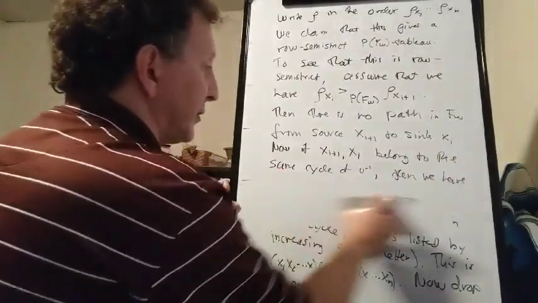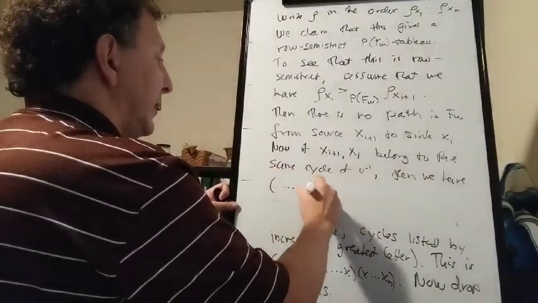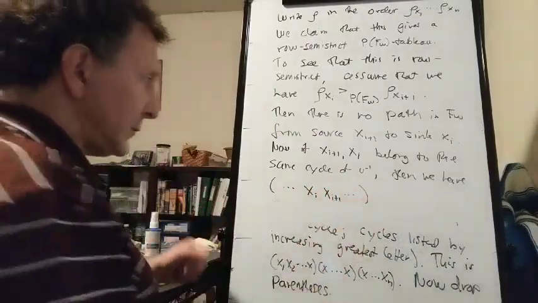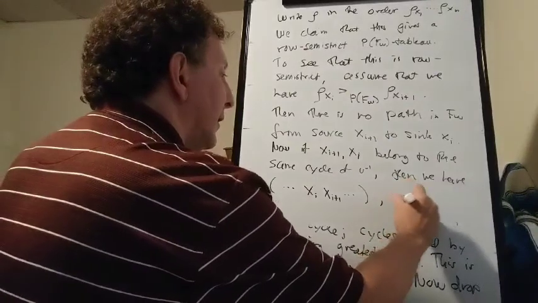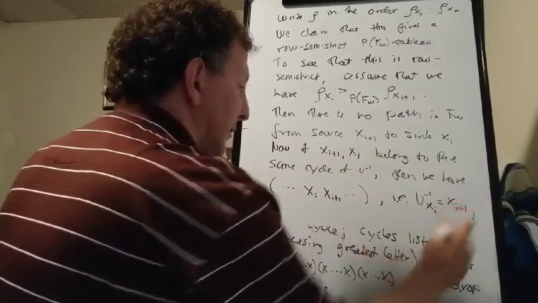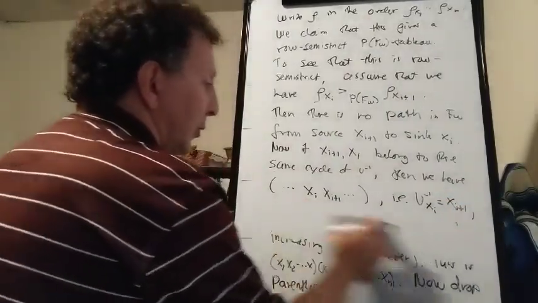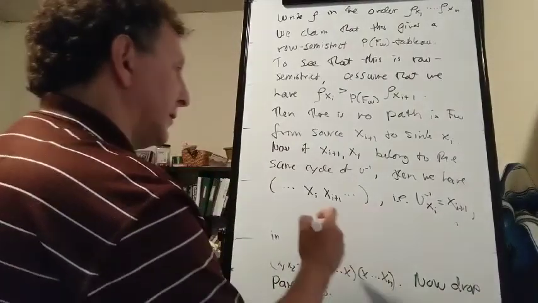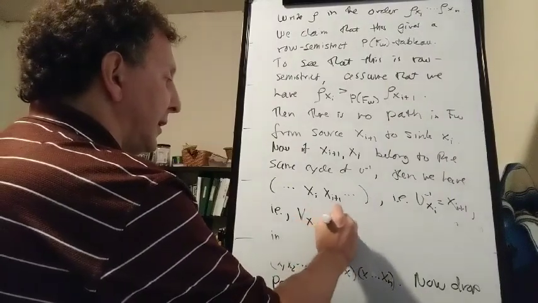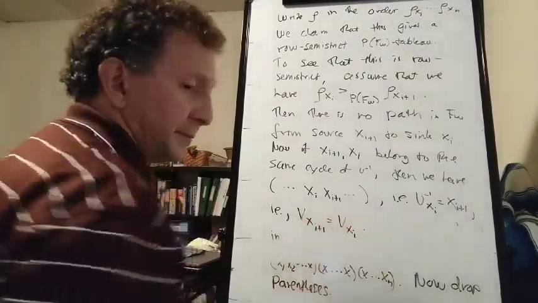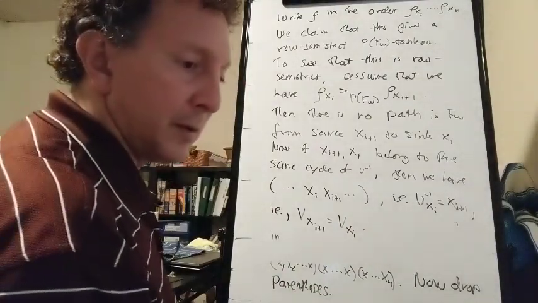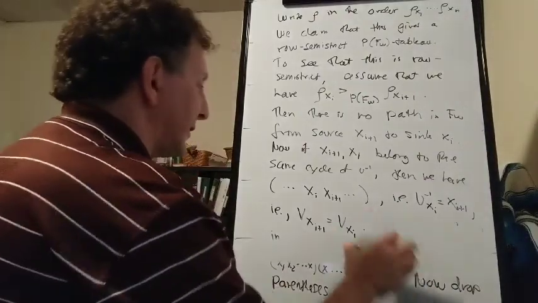So if they're part of the same cycle, then xi came before xi plus 1. That means that v inverse xi equals xi plus 1, or equivalently, v xi plus 1 equals xi.